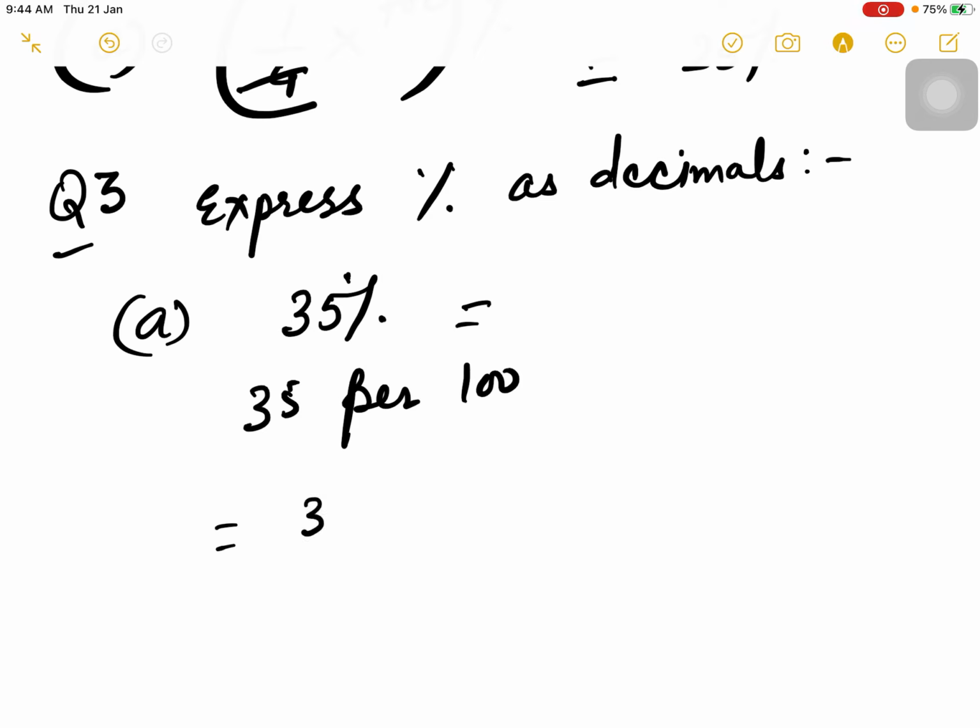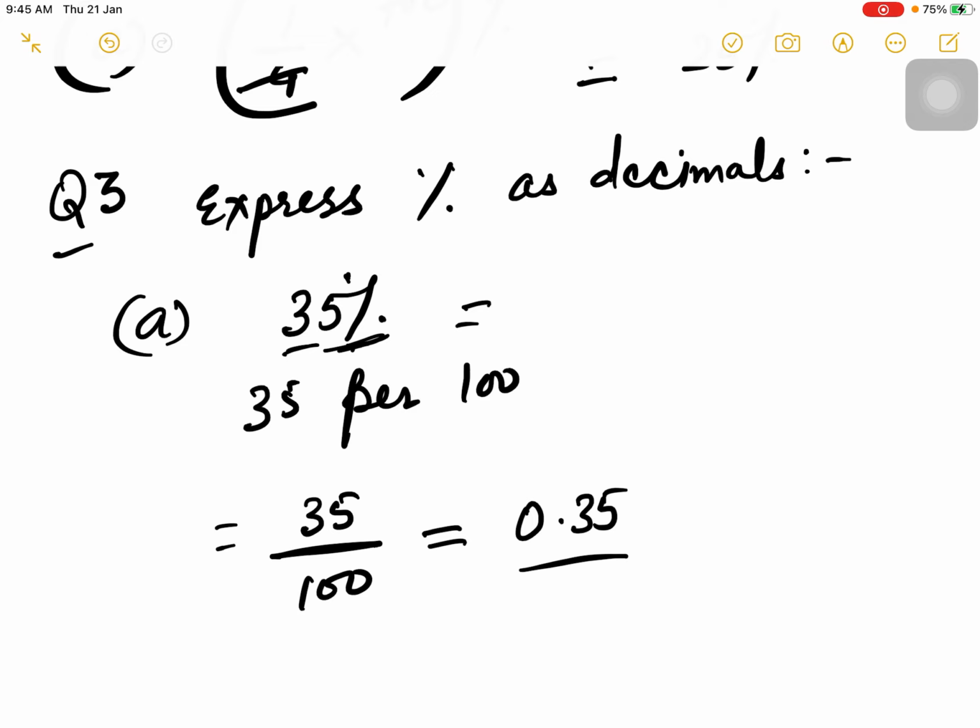So we can write it as 35 upon 100. That's it. Don't multiply it by 100 because the percentage sign has been given with the figure. That means we have to solve it. Percentage को solve करना है. Okay, 35 upon 100 and we have to convert it into decimal. So it is 0.35. Okay, so we have expressed it as decimal.